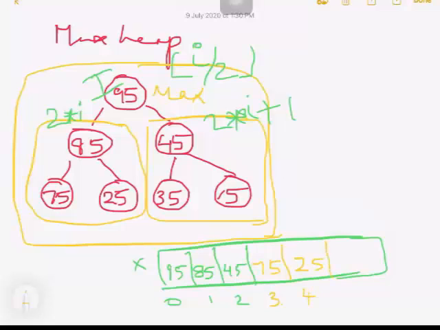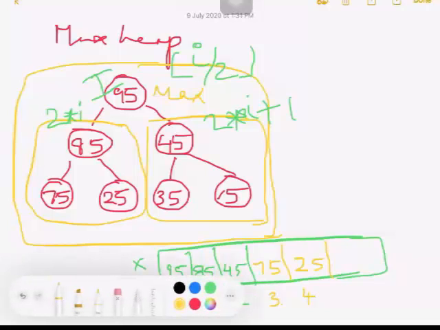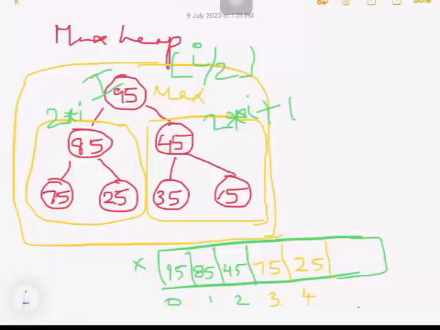And then you can also store the children of the right child, that is 45. So 45's left child is 35 and right child is 15 at positions 5 and 6.